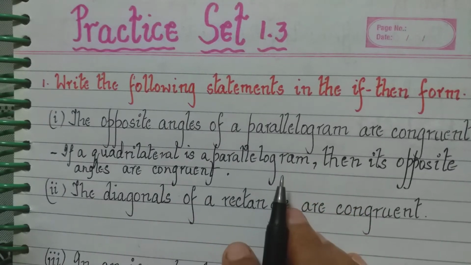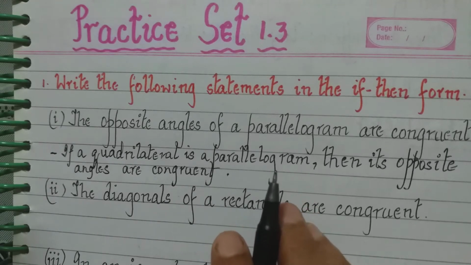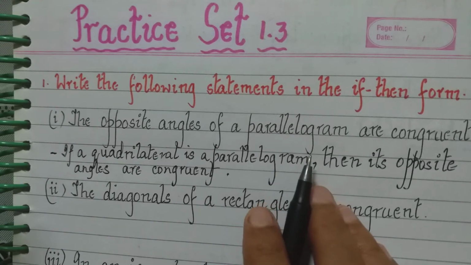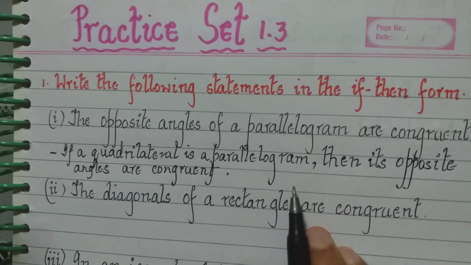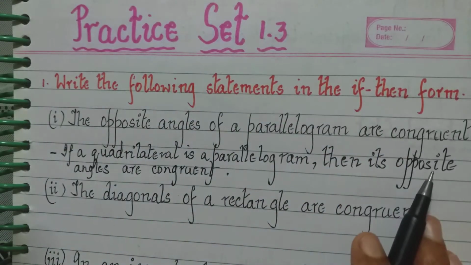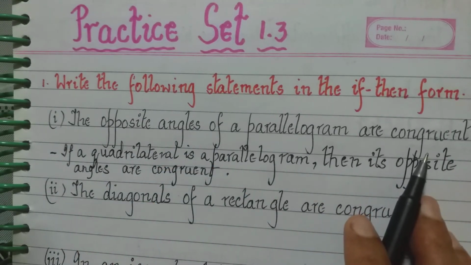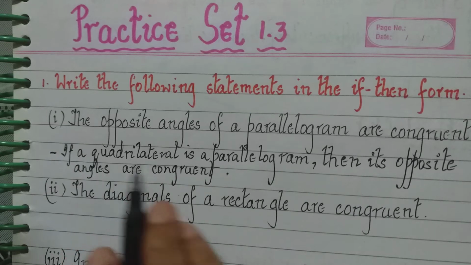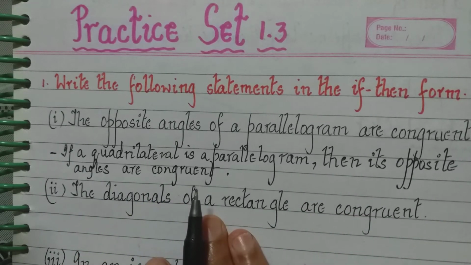Here it is a quadrilateral, so we consider which quadrilateral it is, a parallelogram. So we start with that. If the quadrilateral is a parallelogram, then we notice which property is spoken about here. They are talking about the opposite angles being congruent. So if the quadrilateral is a parallelogram, then its opposite angles are congruent.